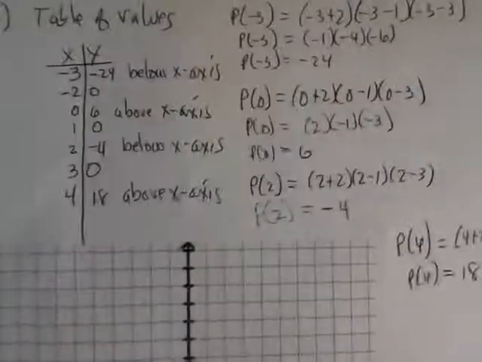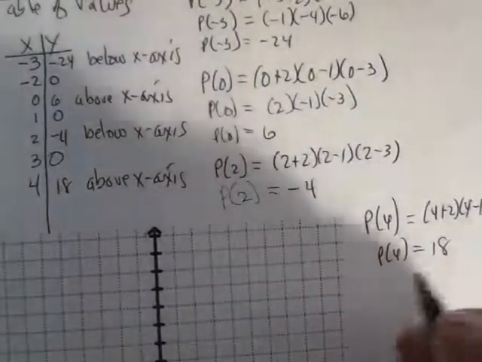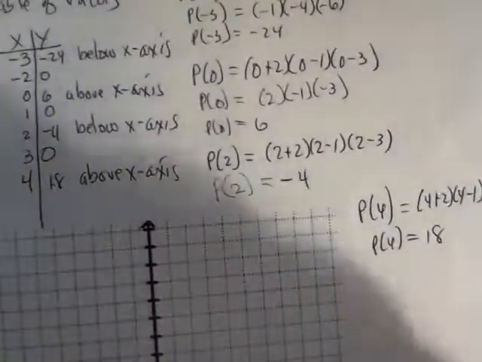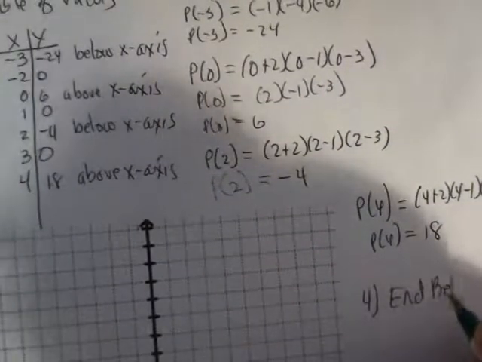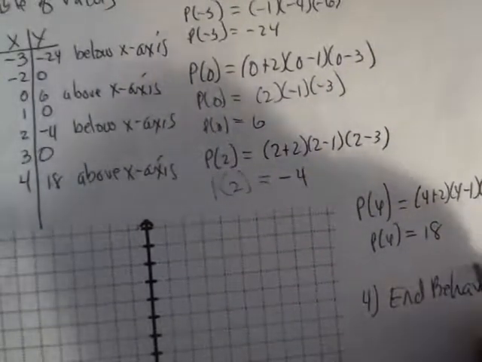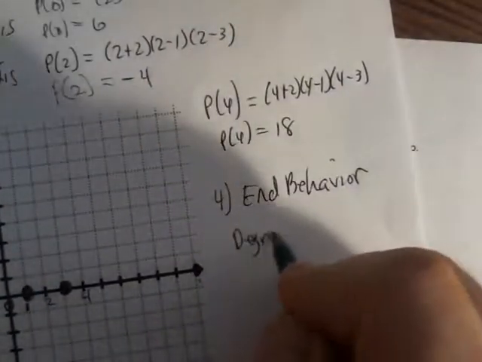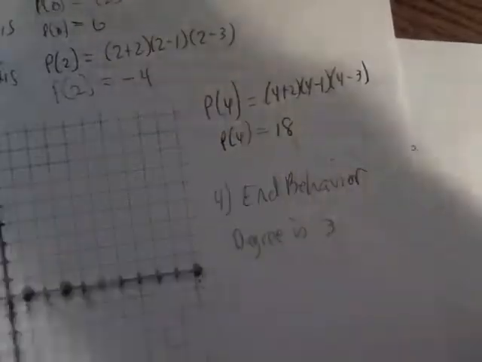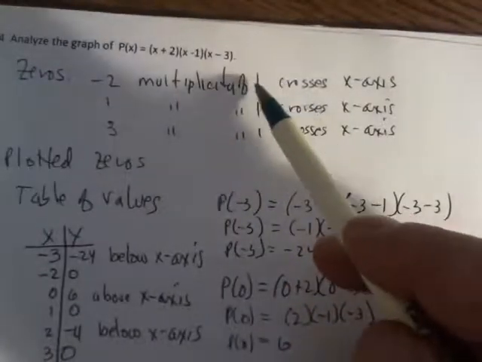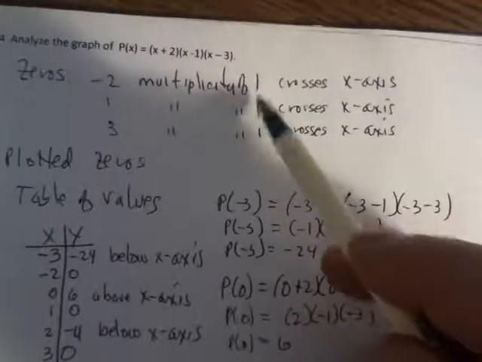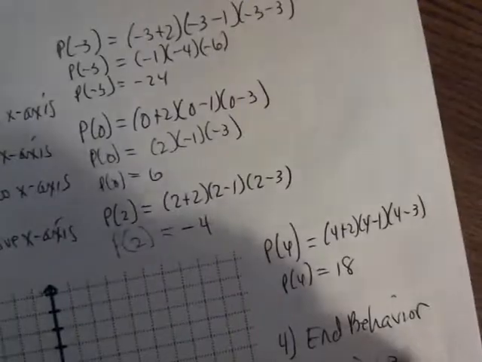Okay, so we've got these points here. Before we plot them, the fourth thing we want to do is look at the end behavior. Well, my degree is 3. Don't forget, the way we find our degree is we add up the multiplicities. 1 plus 1 plus 1 is 3.